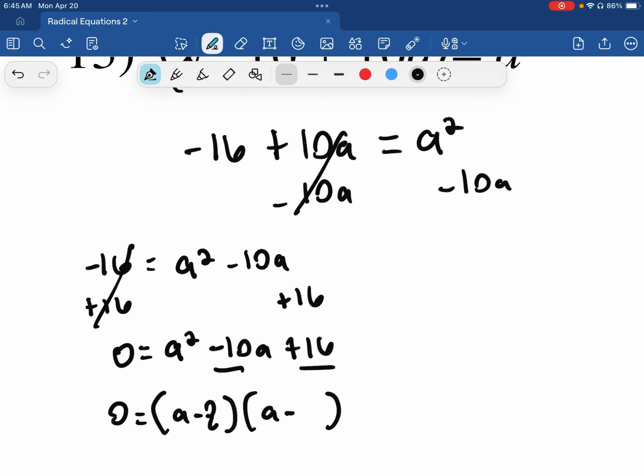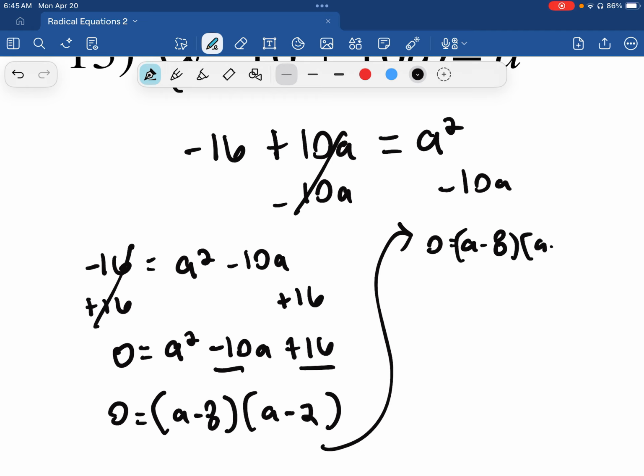So 8 and 2, when we multiply them, we get positive 16, and when we add them, we get negative 10. So we have 0 equals a minus 8 times a minus 2.